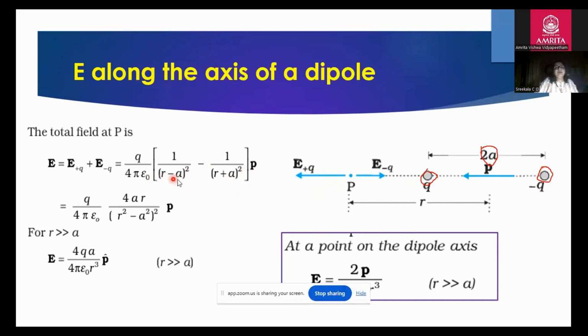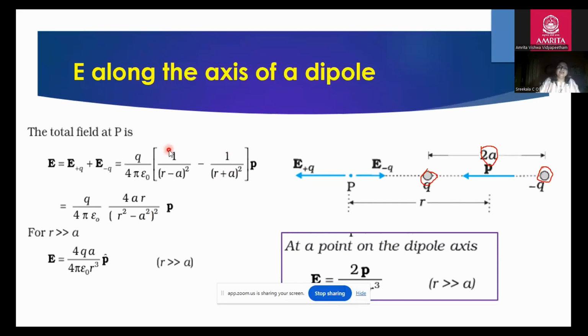Now you take the LCM of these two values, then you will get (R minus A) the whole square into (R plus A) the whole square, which is (R square minus A square) the whole square, since (A plus B) into (A minus B) is A square minus B square. Here one whole square is there. So (R square minus A square) the whole square. Then in the numerator, take the LCM, you will get (R plus A) the whole square minus (R minus A) the whole square.